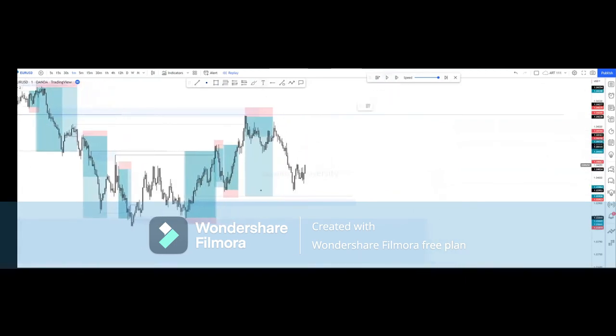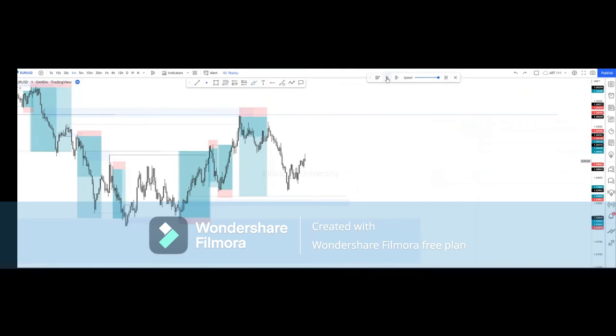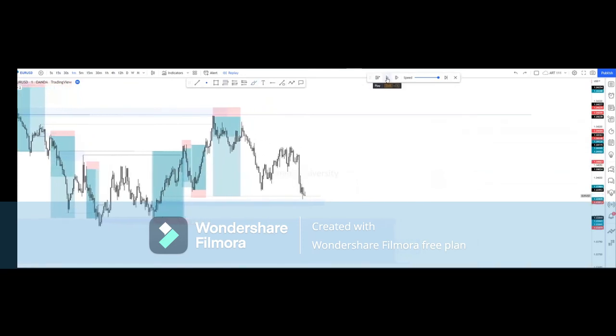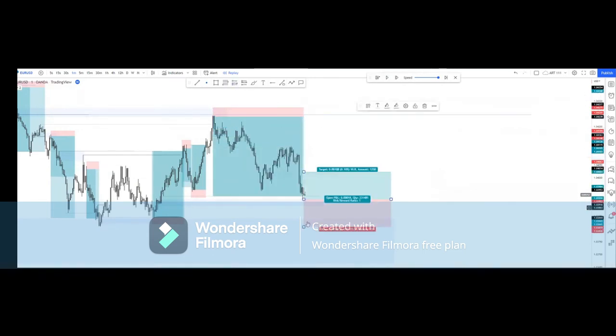Look at that, building up the liquidity. All right, let's see. All right, so we took this. Then I'm gonna take the long. See how this goes.